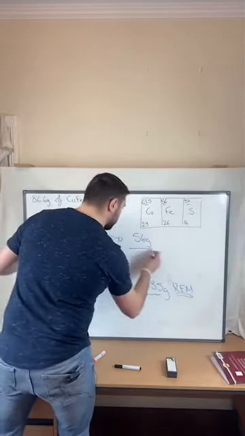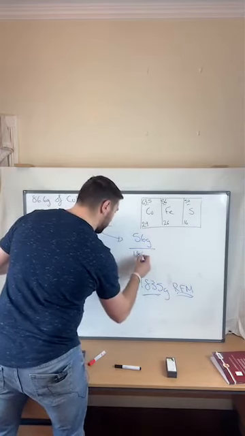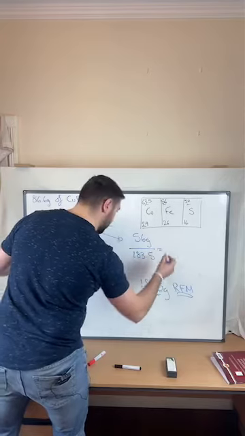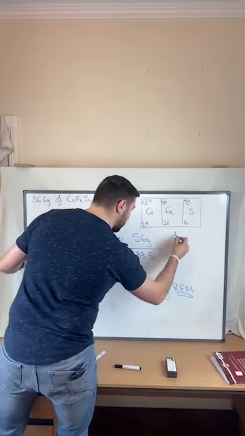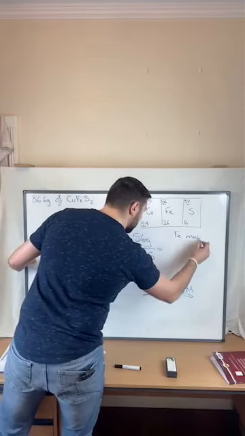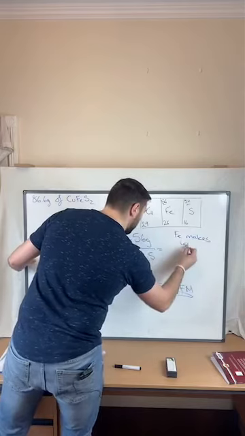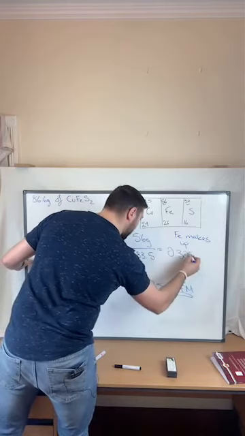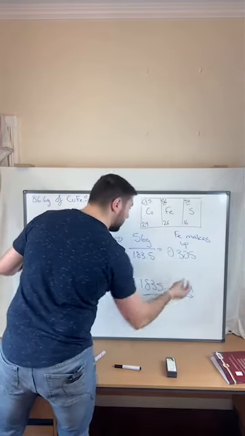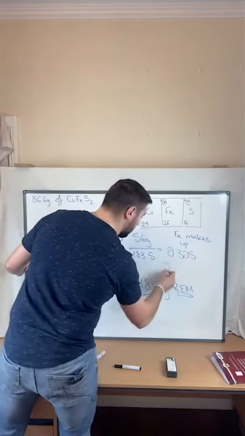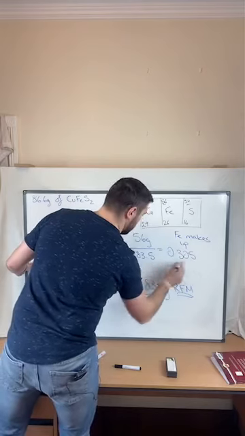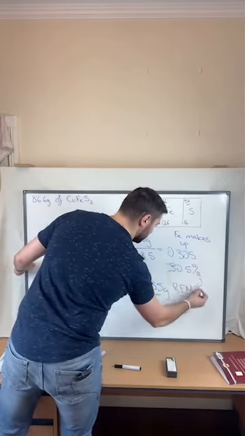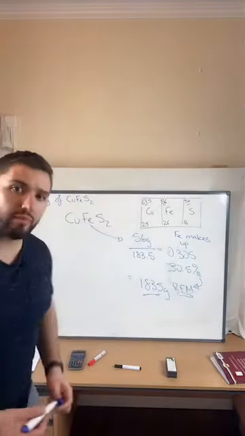So 56 divided by 183.5 tells me that iron, Fe, makes up 0.305 of the whole mole, or we could say even 30.5% of this. Okay, that's what iron makes up.